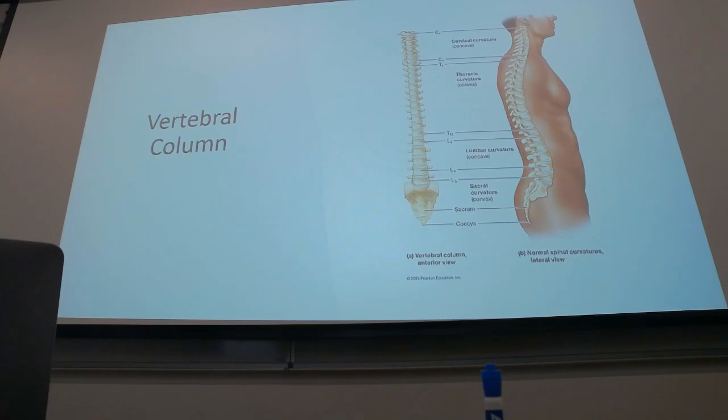So kyphosis affects the thoracic area. It is a hunchback. Lordosis is for the lumbar area. The person will be like this. And then with rotoscoliosis, the person can be like this to the side.